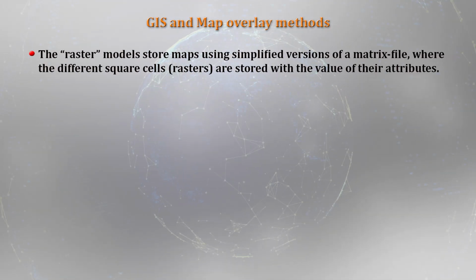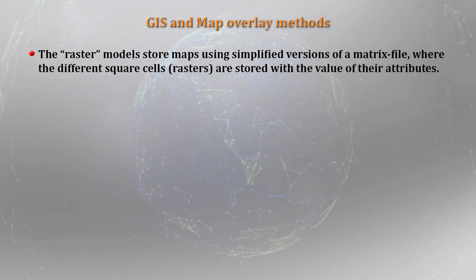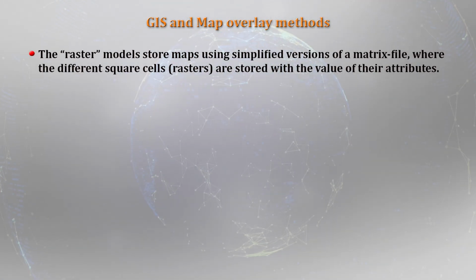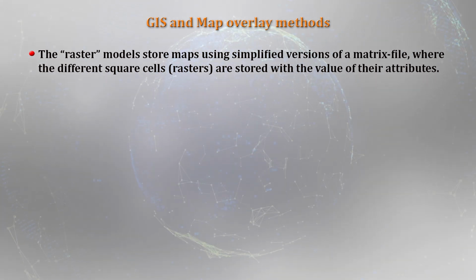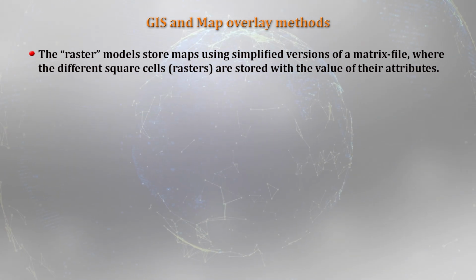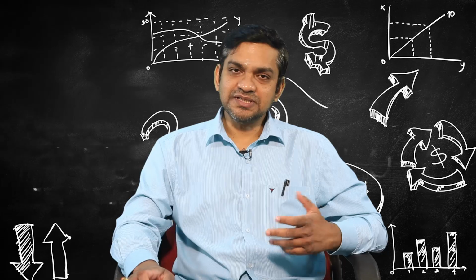Raster models store maps using a simplified version of a matrix file, wherein different square cells, called rasters, store the information, both the attribute data and the spatial data.